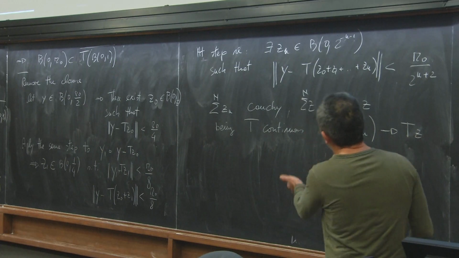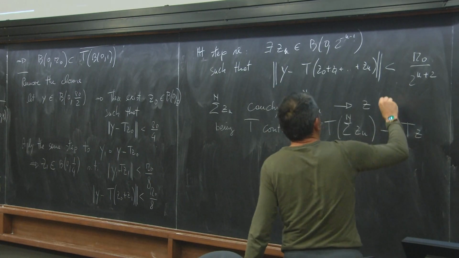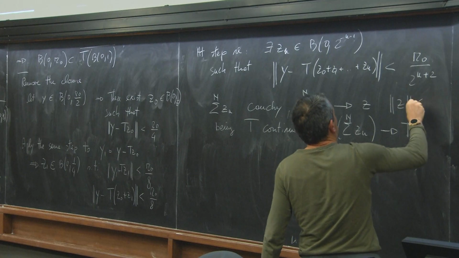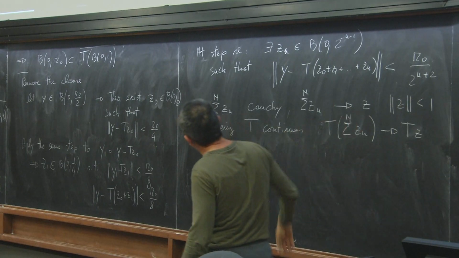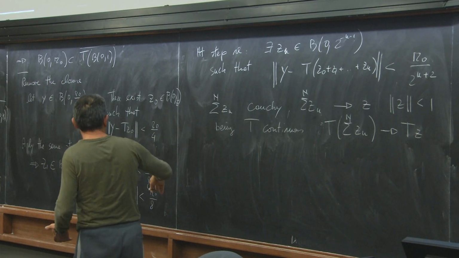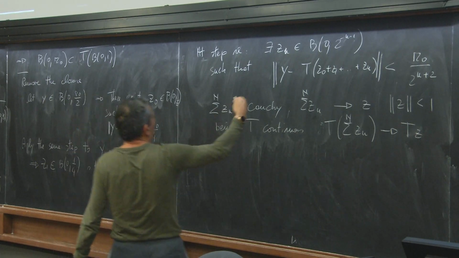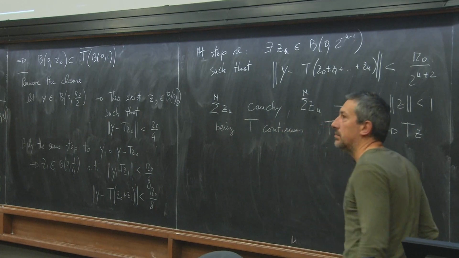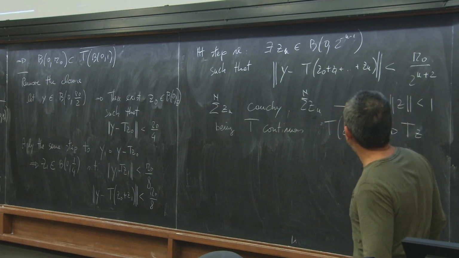Okay, what is the norm of z? Well, the norm of z is less than 1, simply because each one has norm less than, so it is 1/2, then you have 1/4, then 1/8. Triangle inequality. We get 1.